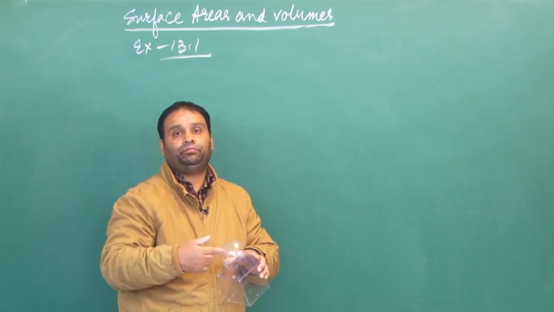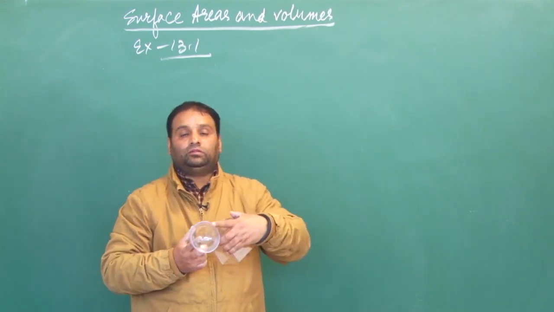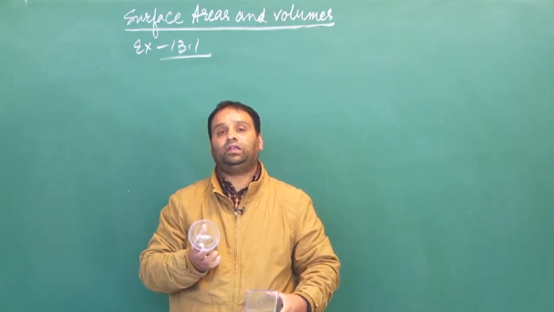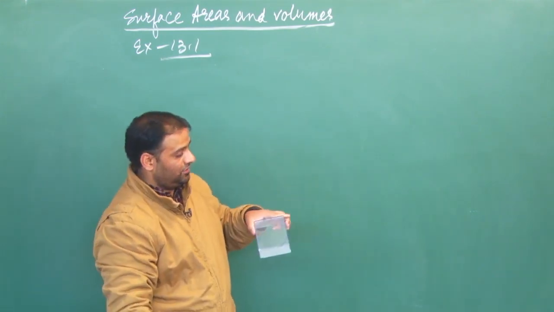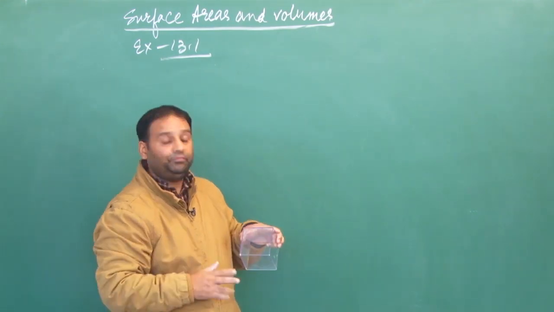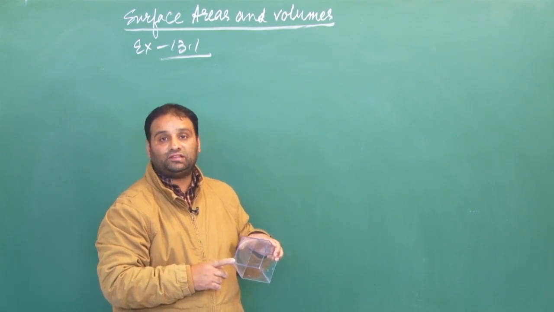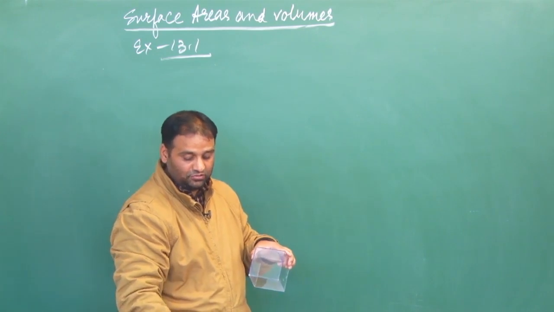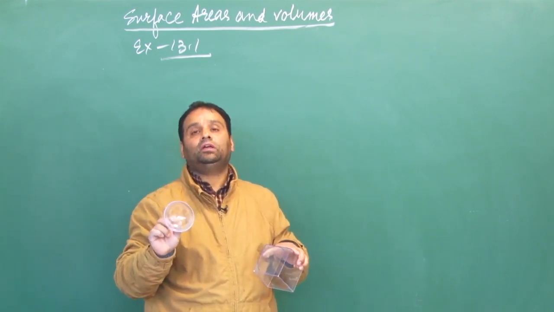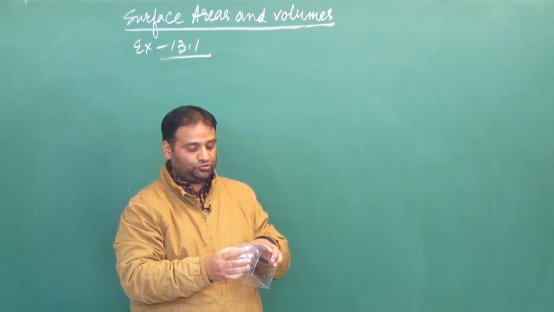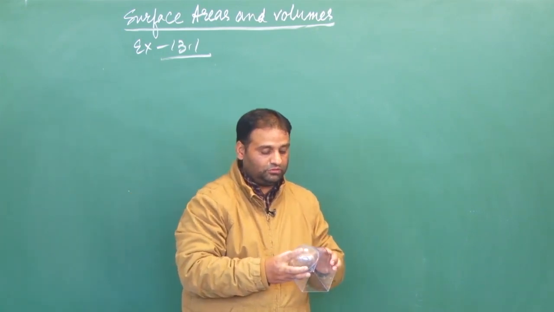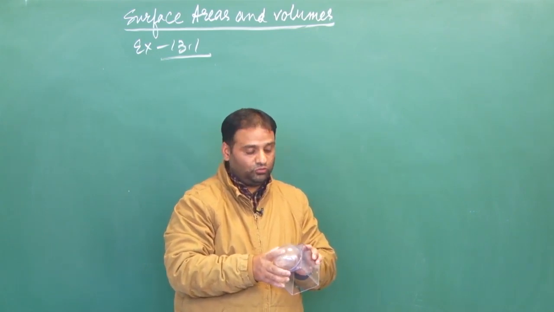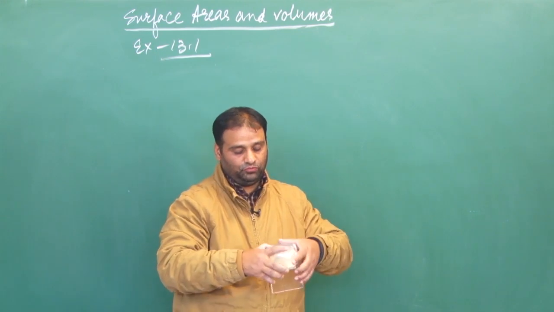We know the base of the hemisphere is exactly similar to a circle, and it will cover the area of the cube exactly equal to the area of the circle. When we put this hemisphere on the face of the cube, you can see only corner parts of the cube are exposed.